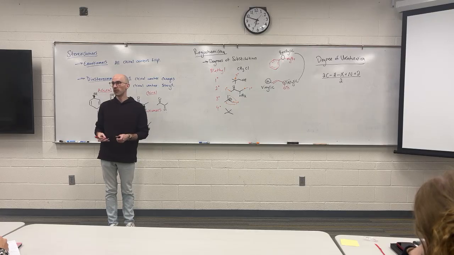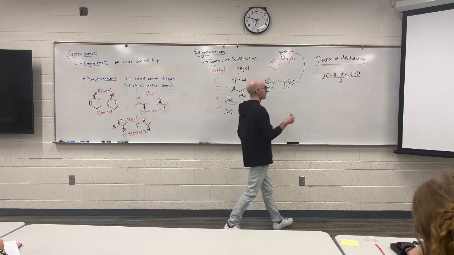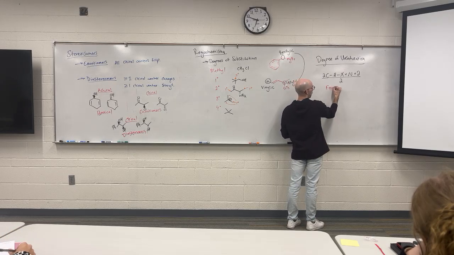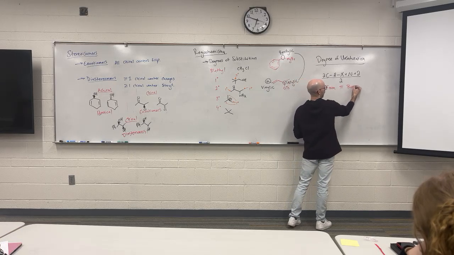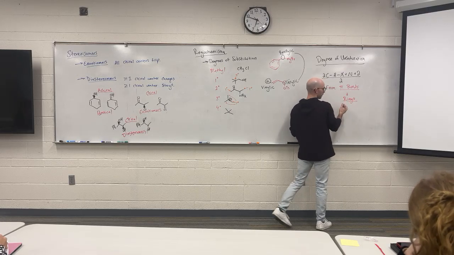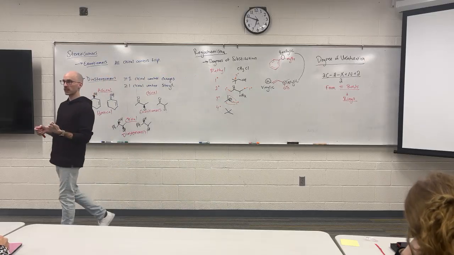So this is useful if you have a chemical formula. If you're working with a structure, degrees of unsaturation come from pi bonds and from rings. Every ring creates a degree of unsaturation.